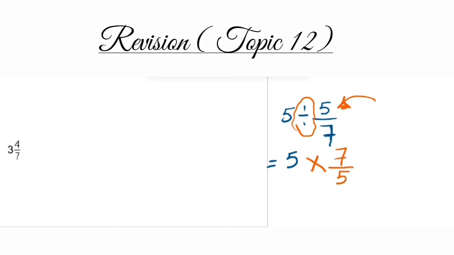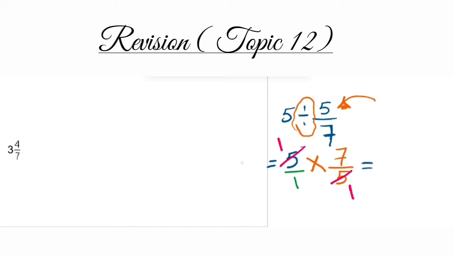Now simplify. We have here the denominator 1. This is a whole number, so the denominator is 1. Simplify. We have here 5 and 5. When you divide 5 by 5, it's 1. Also here 5 divided by 5 is 1.